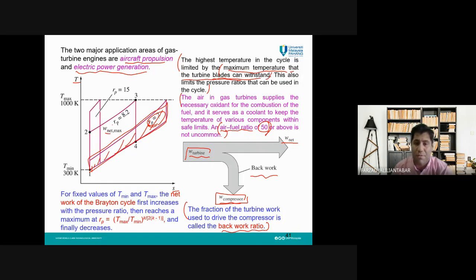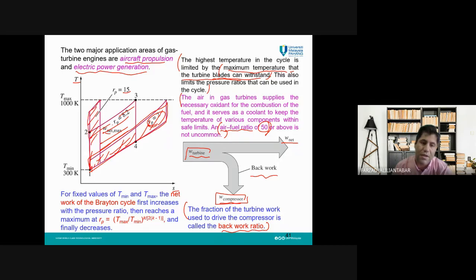You can see here RP is equal to 2, and the work output is this area. When RP is equal to 8.2, the work which we can get is this area, bigger than this one, and by increasing the RP more, for example, RP equal to 15, then W net will reduce to this area.